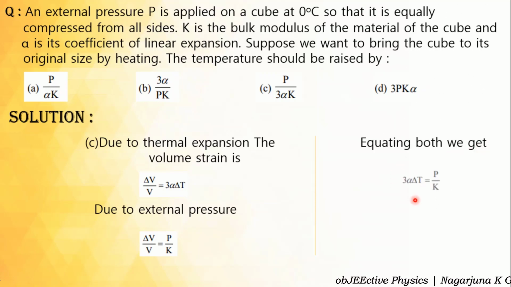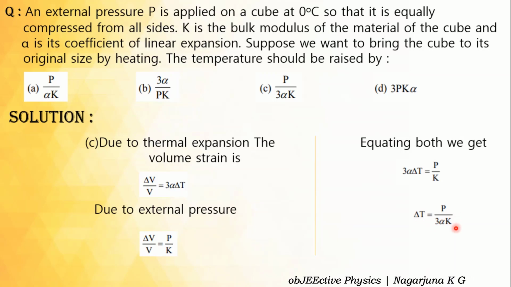Equating both, we get 3 alpha delta T is equal to P by K, or delta T is equal to P divided by 3 alpha K. That is, option C is the right option.